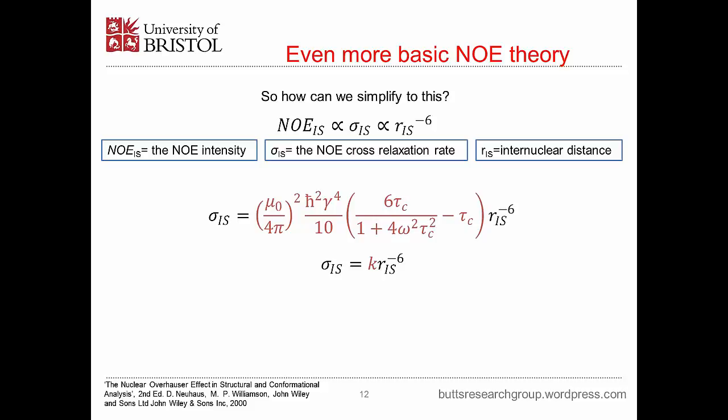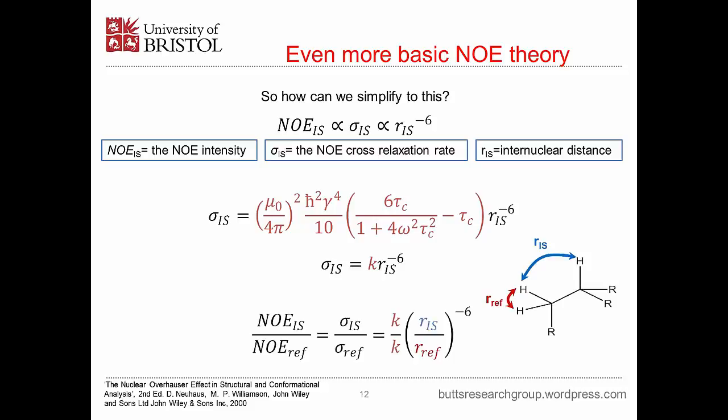And the key here is that the kind of analysis that we're going to use to extract our distances is going to rely on the ratio of two NOE distances. So if I measure two NOEs, I'm going to call one of them IS and one of them reference, then the ratio of those NOE intensities equals the ratio of their cross-relaxation rates. That's pretty simple, which equals the ratio of Ks times the ratio of the distances to the power of minus 6.